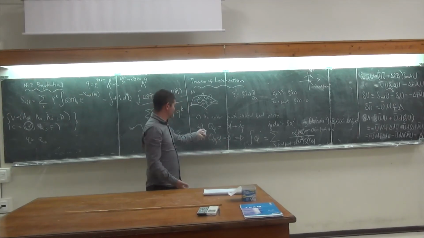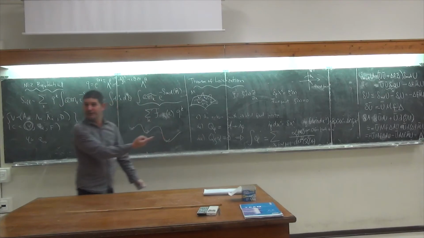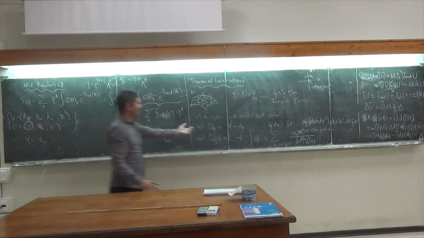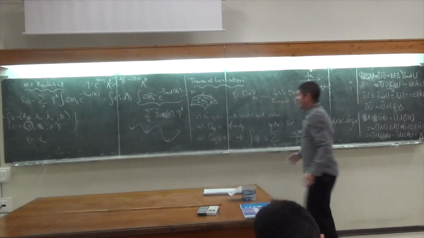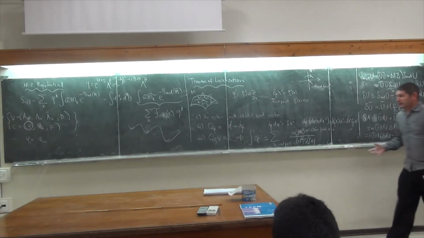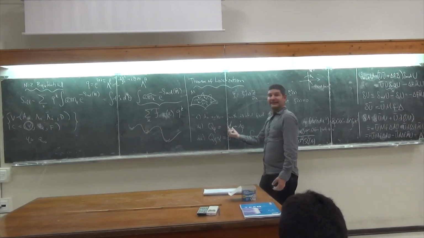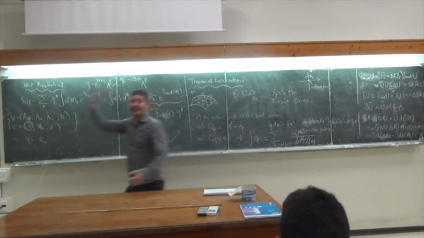We know what Q is. We already know something with this property, which is the supersymmetry charge. Its square is 0.